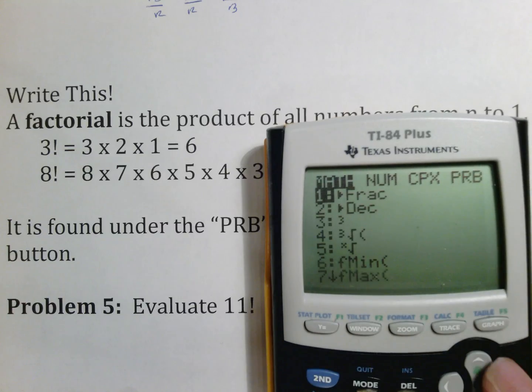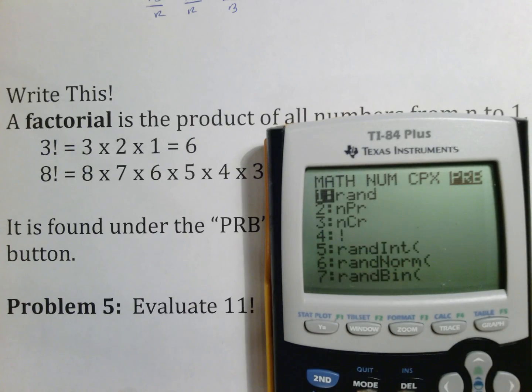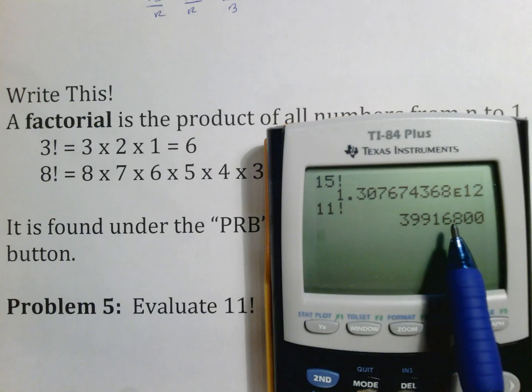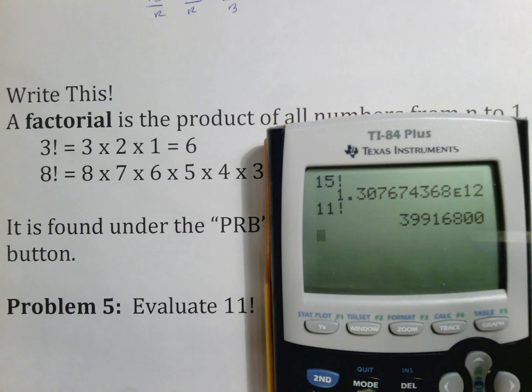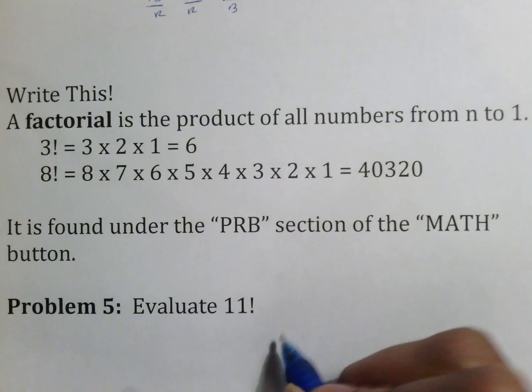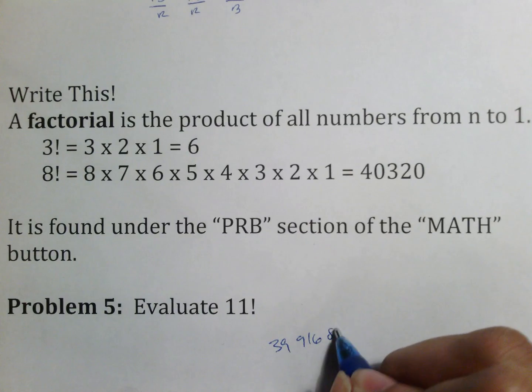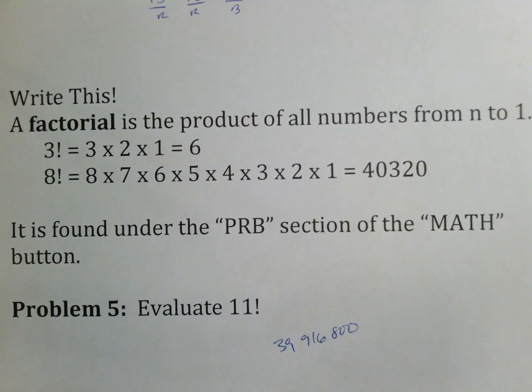These are different menus, and we want the probability menu. Then select the factorial option, and when you hit enter, you see that it is 39,916,800. That is what 11 factorial is.